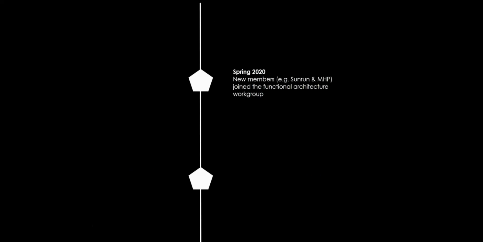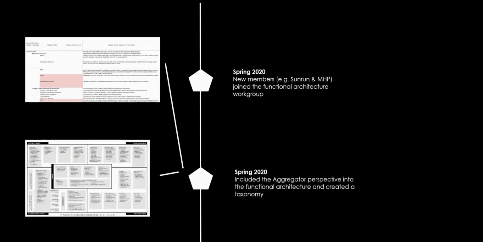One of the members was Sunrun and another member was MHP. Together with these new members, we worked intensively in a few sprints to further improve the functional architecture, and especially to include the aggregated perspective in the functional architecture. And also we created a taxonomy.